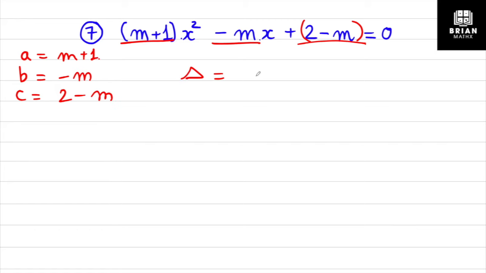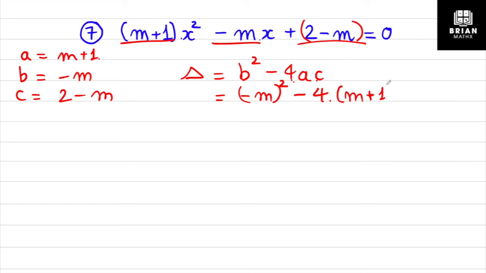Okay, so how about the discriminant b squared minus 4ac? Yep, for b squared, because you got negative m, you should put negative m into the bracket and square outside. The other side is negative 4 multiply (m plus 1) multiply (2 minus m), and then simplify.